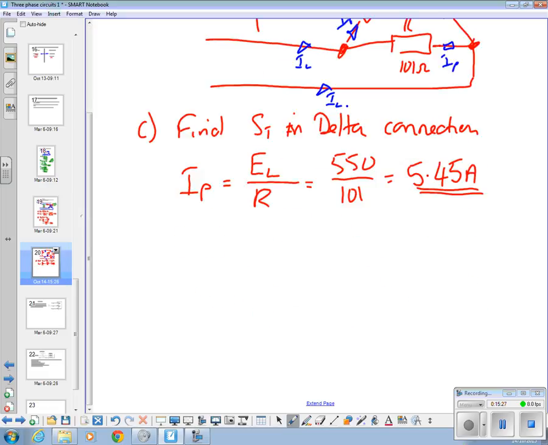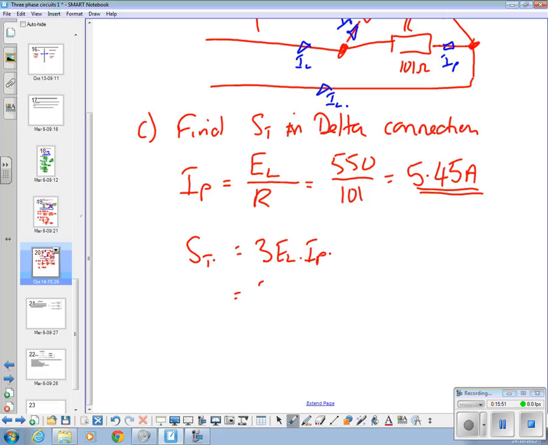And then we can use which formula? Alan, you're the key man on total power formulas. Three EL IP.